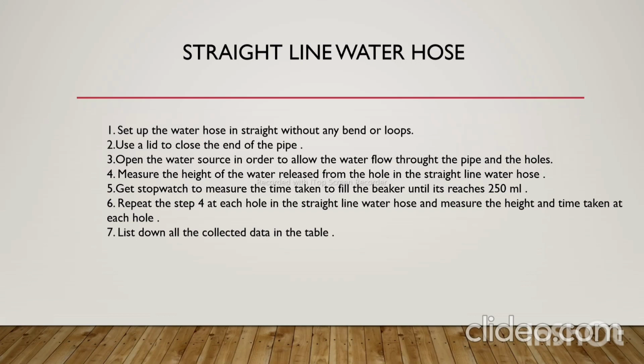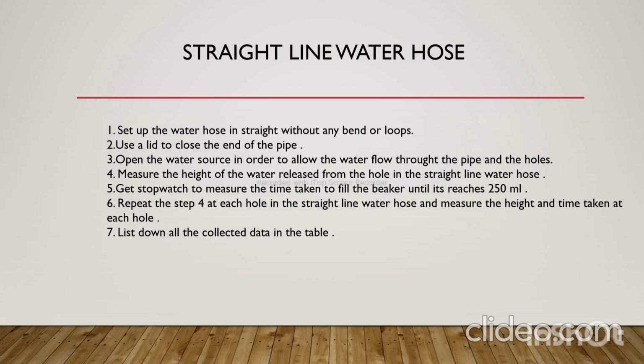First, we have to poke holes in the hose, and then connect the connector in each hole, and make sure we have closed the end of the pipe with a closed lid.